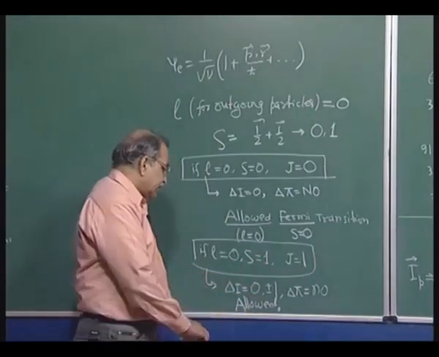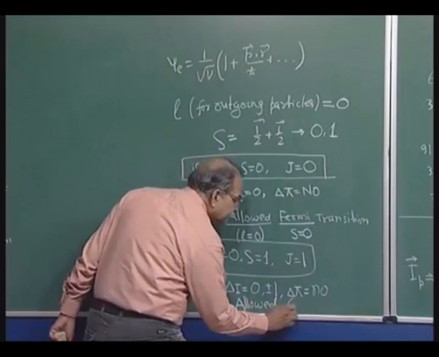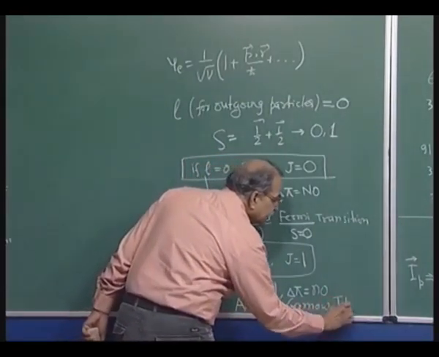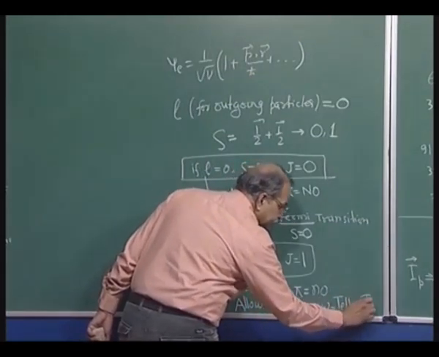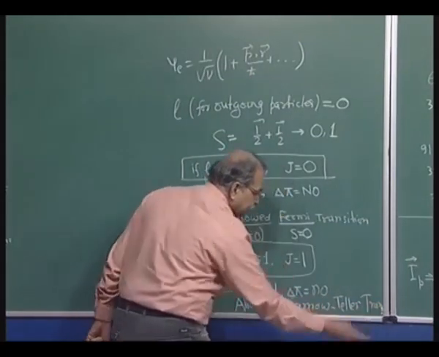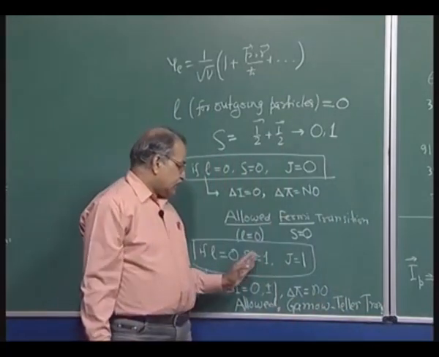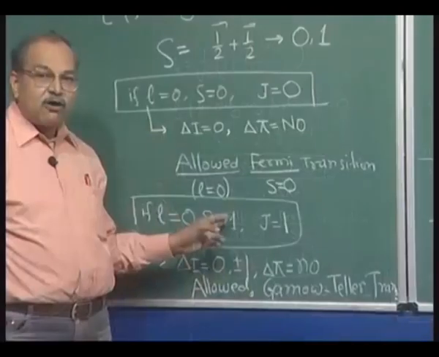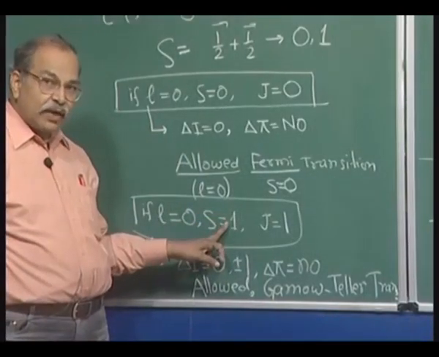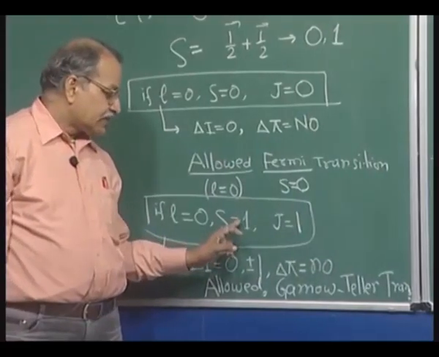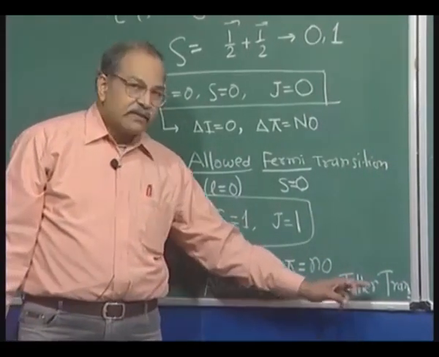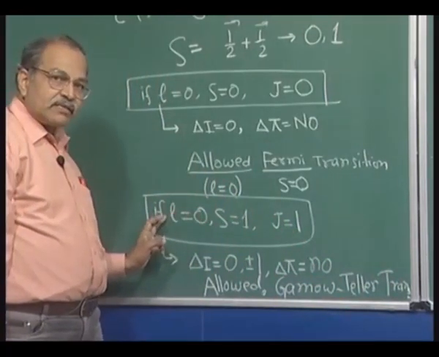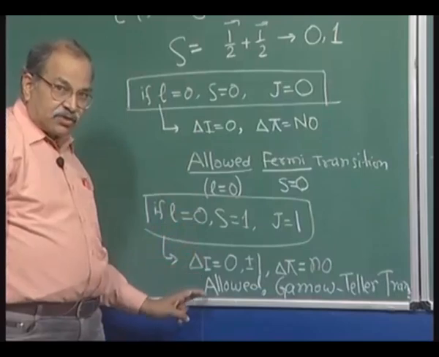In this case, it is the Gamow-Teller transition. So, these are the names. When S is equal to 1, the spin angular momentum of the two outgoing particles combine to 1, those transitions are known as Gamow-Teller transitions, and if the orbital angular momentum of the outgoing two particles is 0, that is known as allowed transitions.